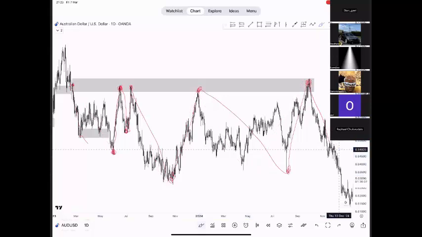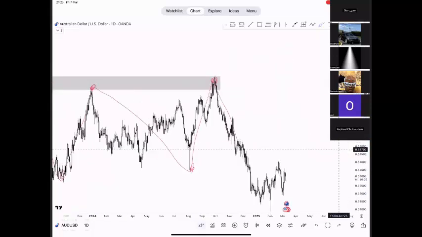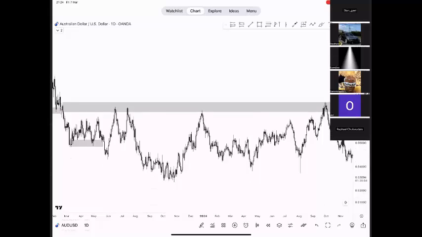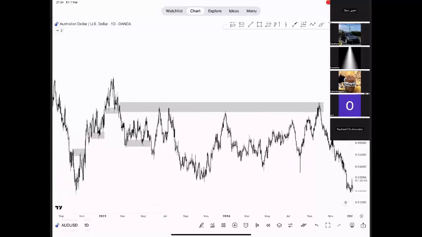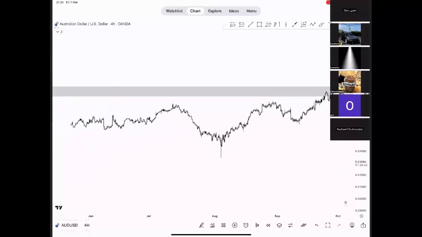More like, I can't let you go past me. That is what your areas of resistance look like. When you see struggling price action, the price does not want to get past this particular zone, right? It is a very good example of a resistance zone.